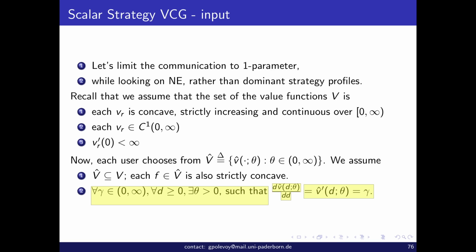And theta is what we're going to communicate to the mechanism. We'll see what it means to be truthful here, because apparently, if V is a much larger space than V hat, how can I be truthful? I may not have my value function in V hat. But then we're going to see what it means. It's going to have the same derivative and so on.